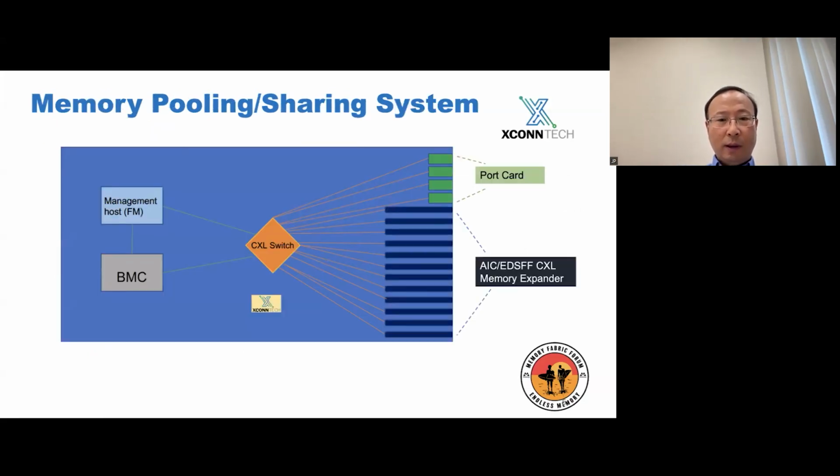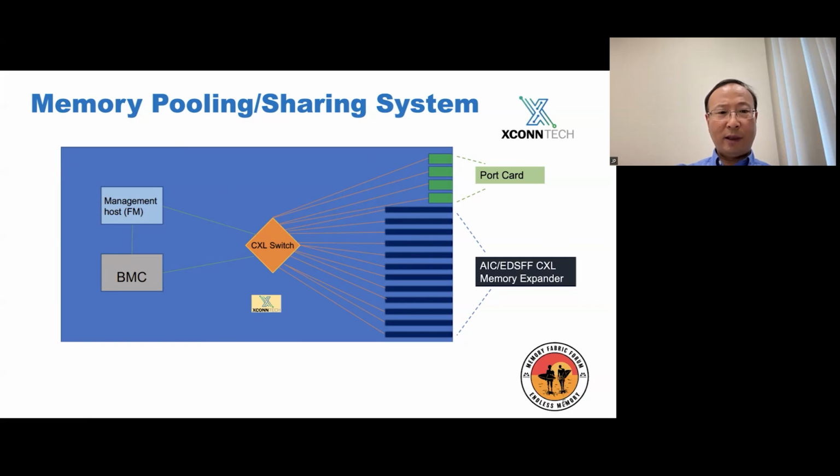So a typical memory pooling box, the design diagram would look like this picture. In this chassis or box, typically there is a CXL switch, a BMC, and a management host.